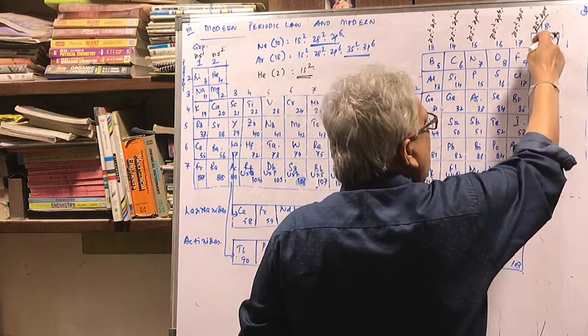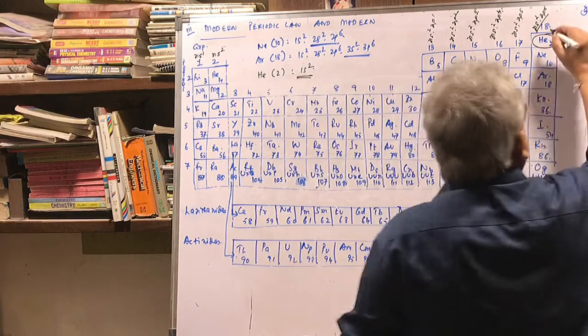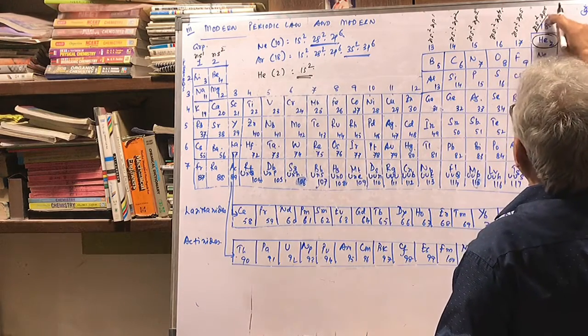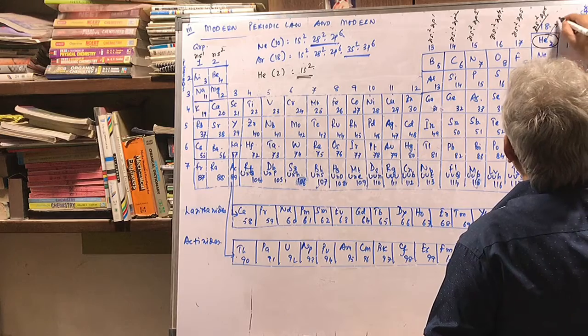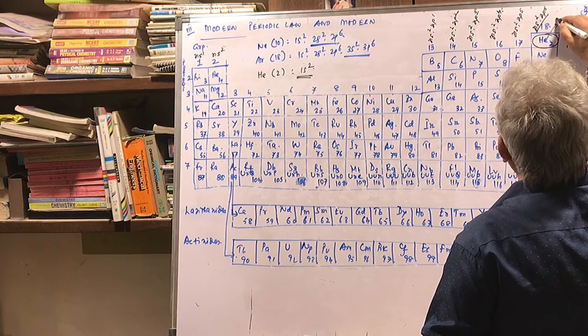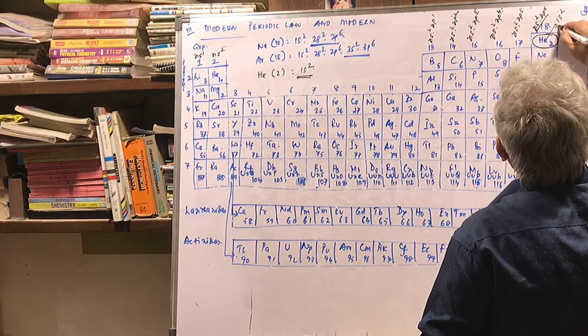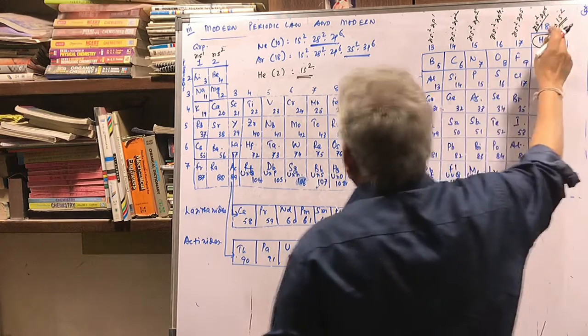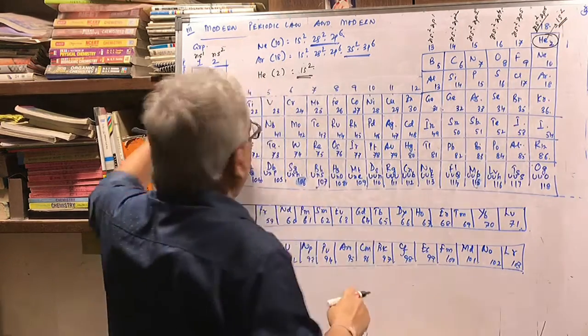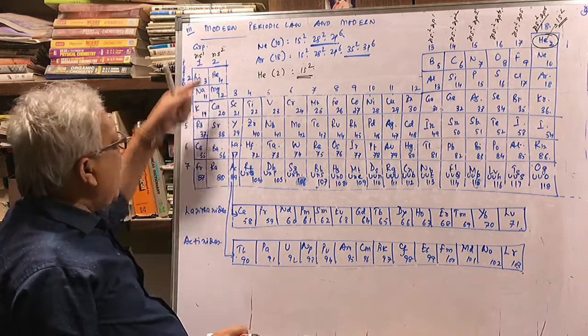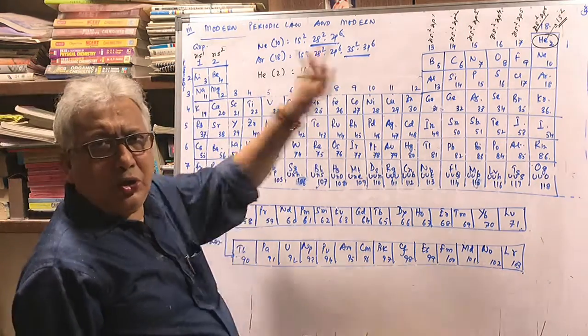But except helium, everybody else has got configuration of ns2, np6, whereas helium has got configuration of 1s2, but it is not placed in group 2 because group 2 elements are all active metals. Helium is not, so it is not put here.